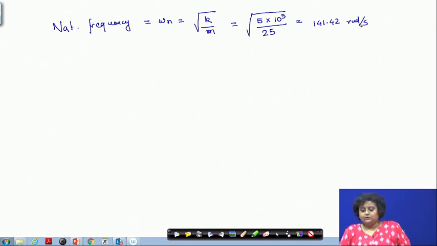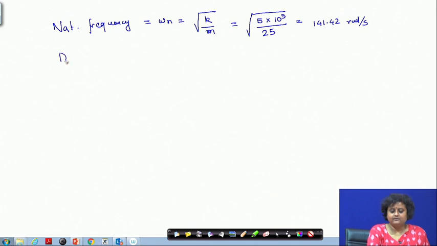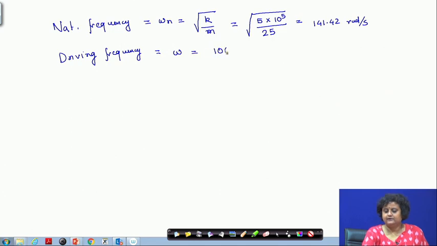We know that the driving frequency omega is given as 100 radian per second.